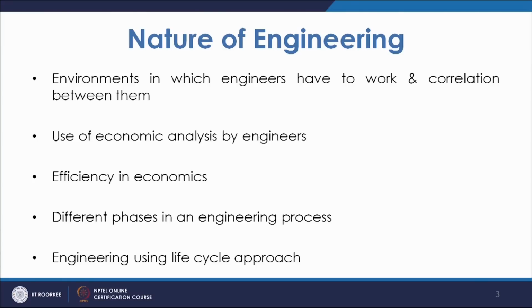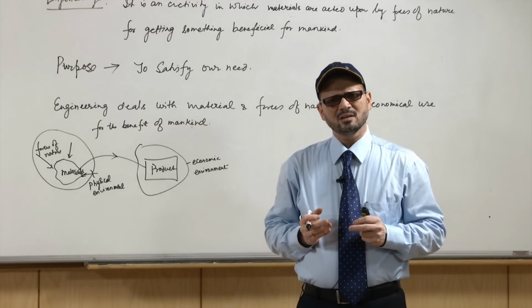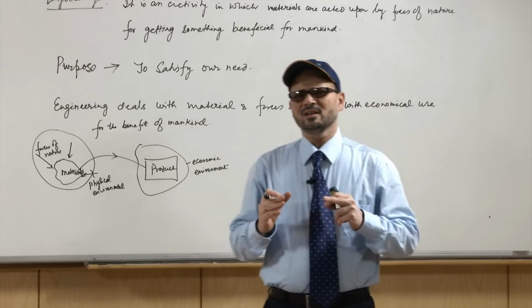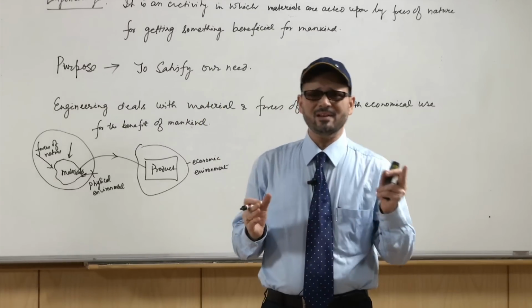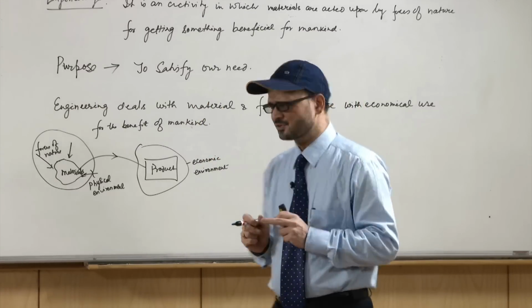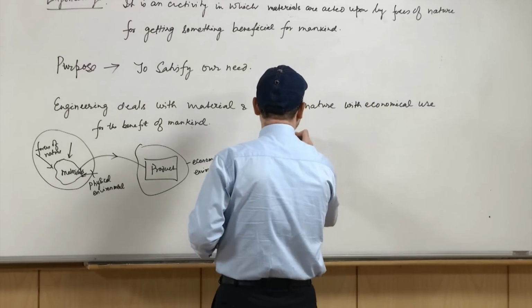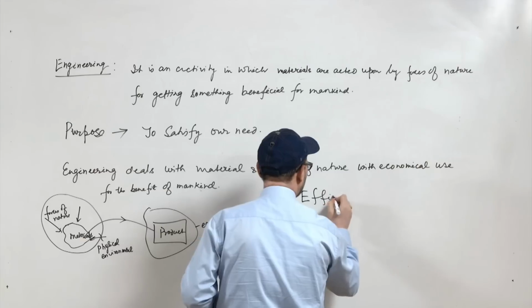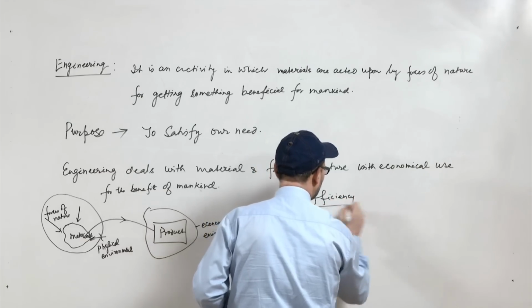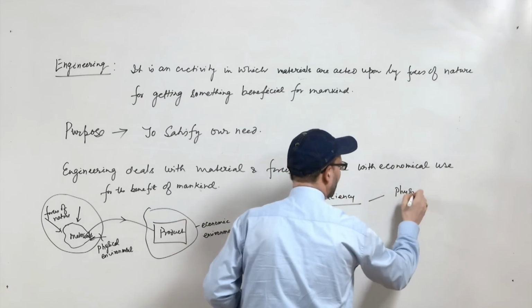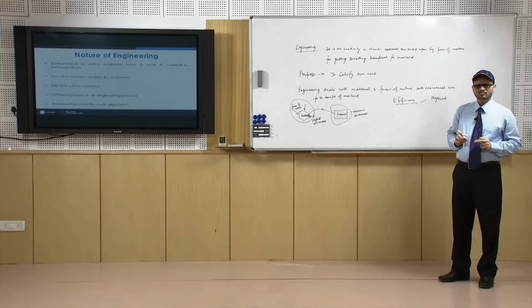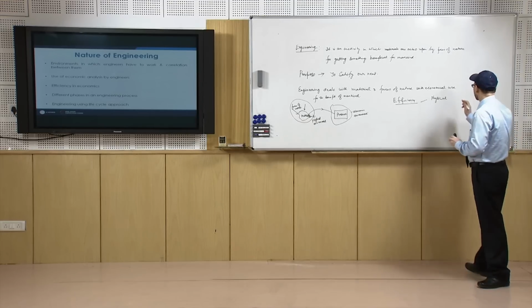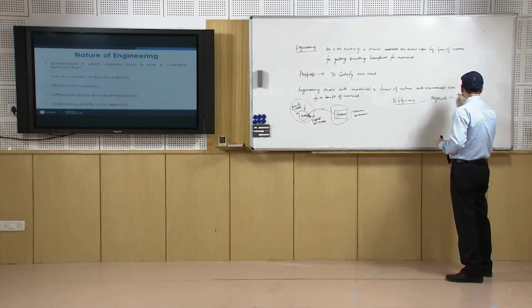Now, we talk about efficiency. In economic analysis you can take it as one being physical efficiency, another economic efficiency. Physical efficiency will be expressed in physical units, and this is defined by output by input.